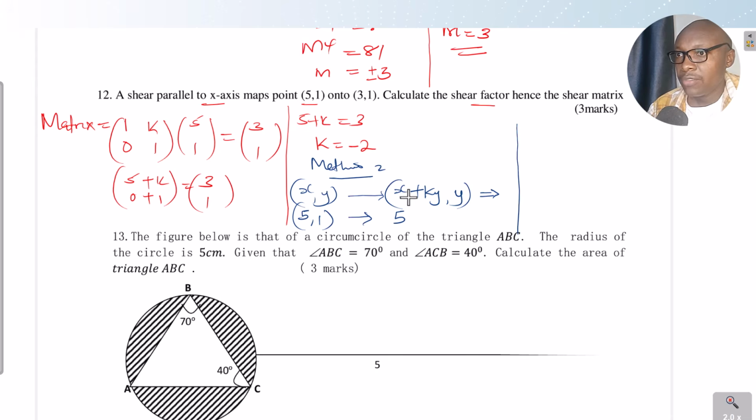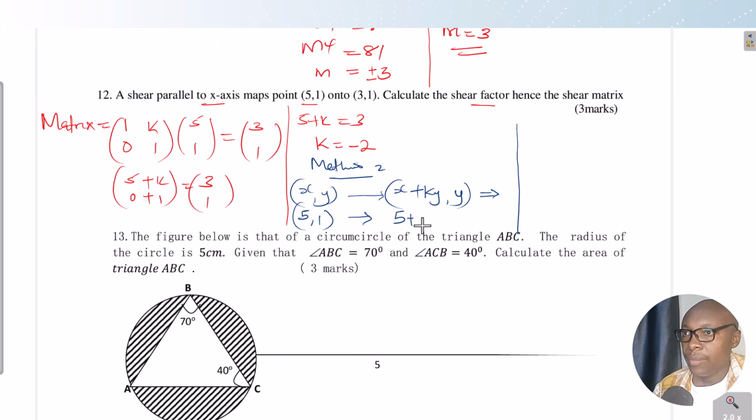So we have x is 5, then plus k, the shear factor, times y. y is 1, so k multiplied by y, that is k times 1, that will give k. And then y will be 1. So this will be the image. So a point xy that undergoes shear parallel to the x-axis with shear factor k is mapped onto this point.